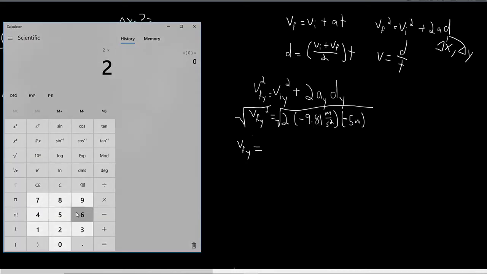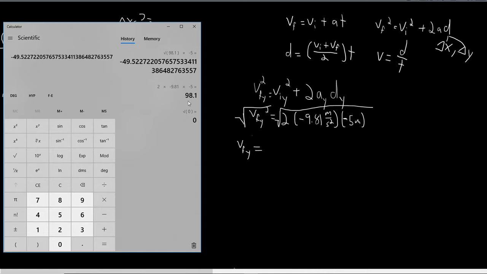All right, so 2 times negative 9.81, that's the negative one, times negative 5 equals that. Now can I square root that? So 98.1 is what I got when I do this math, and that makes sense. 2 times 5 is 10.